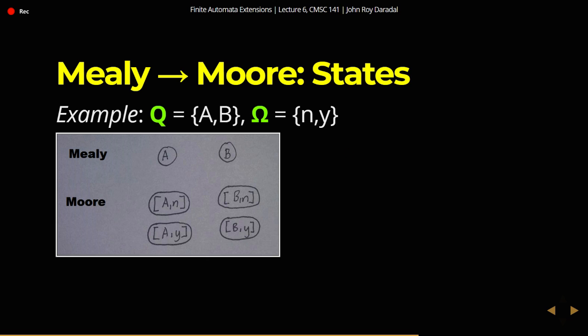For example, if your Mealy machine has two states, A and B, and your output symbols are N and Y, you could have the following states in the equivalent Moore machine: A with output N, A with output Y, B with output N, and B with output Y. So all possible cross products of the states and the output symbols. Okay, so this is how the states in the equivalent Moore machine will look.